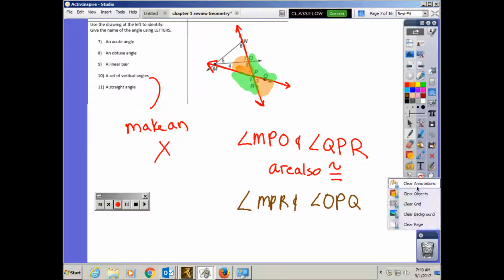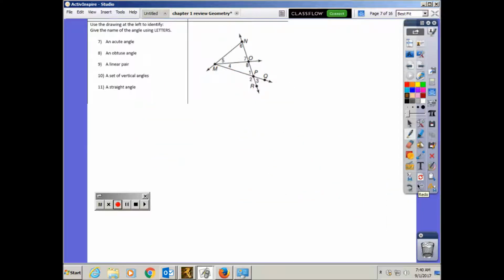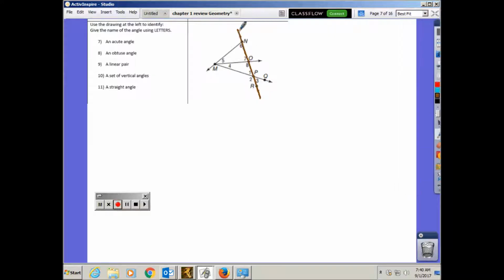A straight angle is basically a straight line. The difference being when we name a line, we use 2 points and we use the line symbol.